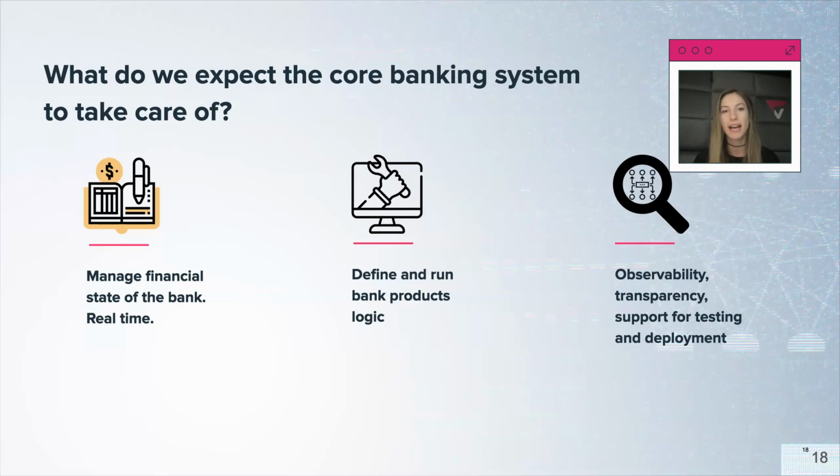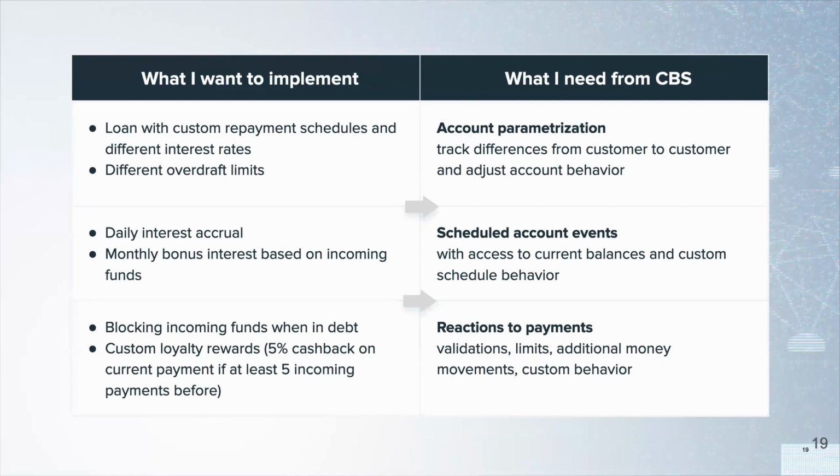But also, when it comes to implementing specific products, there are many other functional requirements that I have on the core banking system, which I usually determine according to what I am implementing.